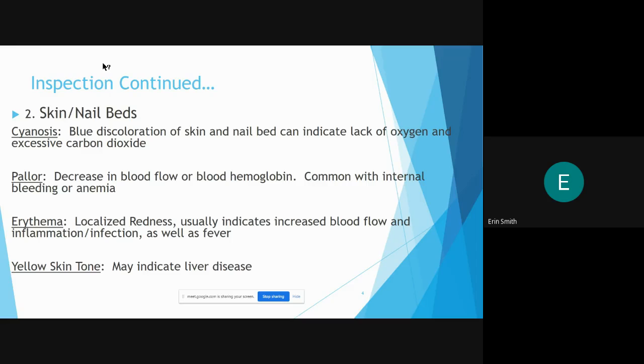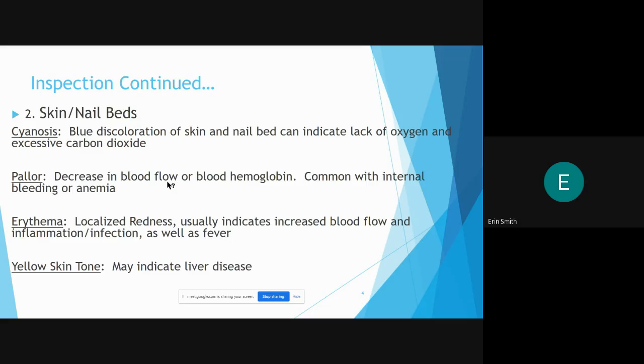One thing to keep in mind with pallor is something I have learned throughout many, many years of patient care: our patients aren't always the best, for whatever reason, at letting us know when they don't feel well. I don't know if sometimes they're worried or they keep thinking, well, if I just push through it, I'll be okay.